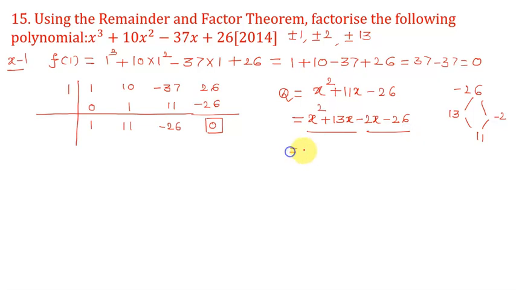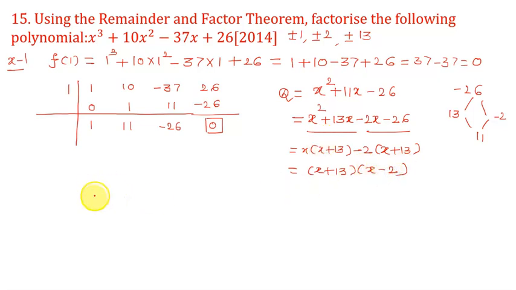Now take x as common, then in the bracket x plus 13, and minus 2 is common, then in the bracket x plus 13. Take x plus 13 as common, and in the second bracket x minus 2.